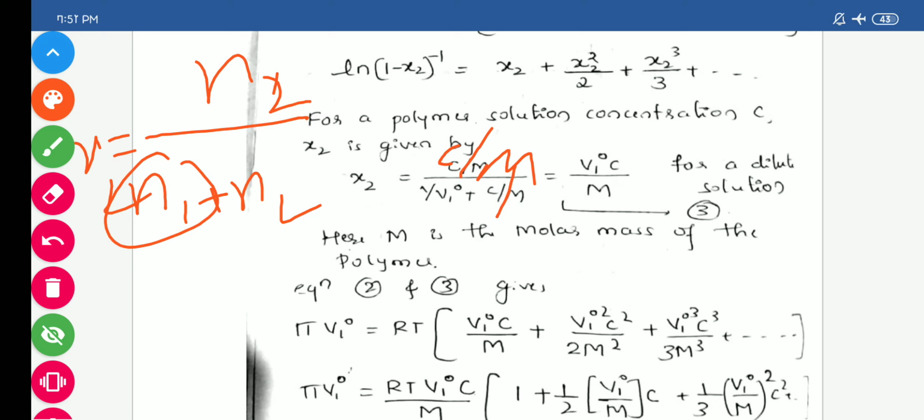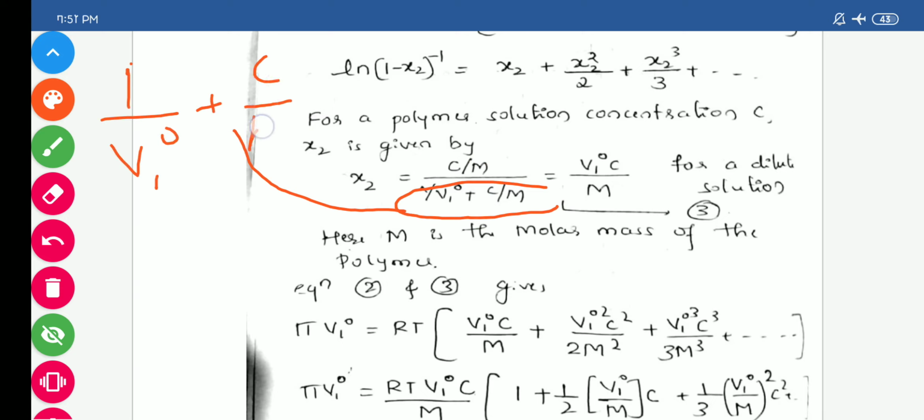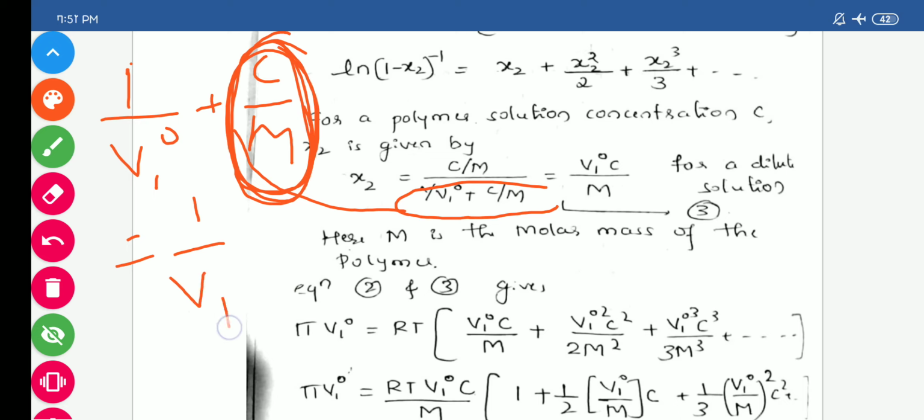So in this equation I wrote the denominator as 1 divided by v1 naught plus c divided by m. As I already told you, I took a dilute solution, so the number of moles of n2, c divided by m, will be very small, so this equation I simply write as 1 divided by v1 naught.